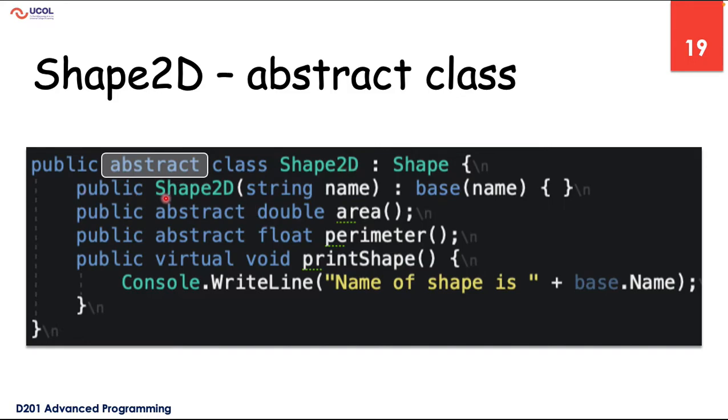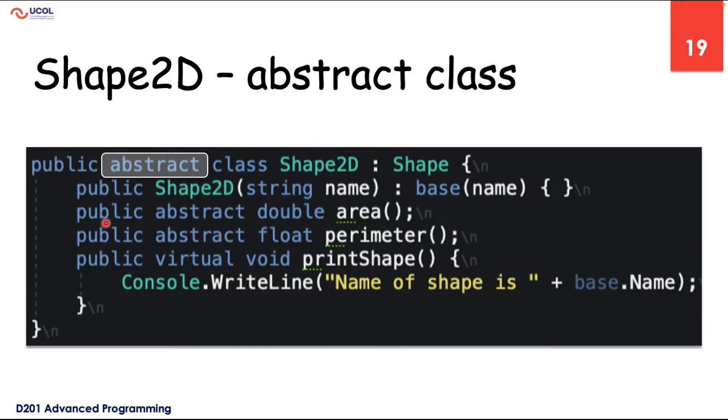And then we say that we have a Shape2D, we are giving the string as an input, and then we are calling the base method name. So this Shape2D class gets the string parameter name, and then we are passing this name to the base class, and eventually it will initialize the name property inside the shape class.